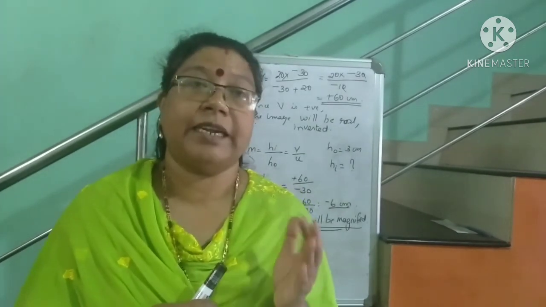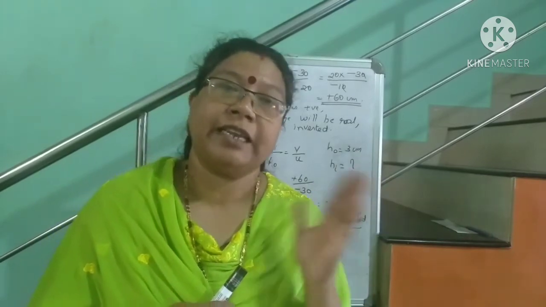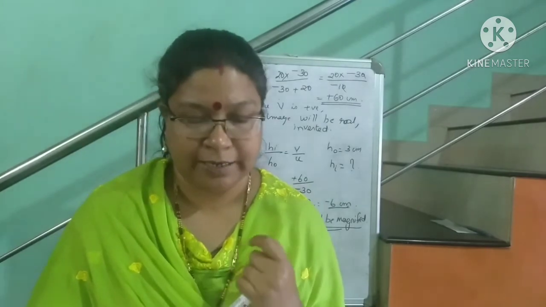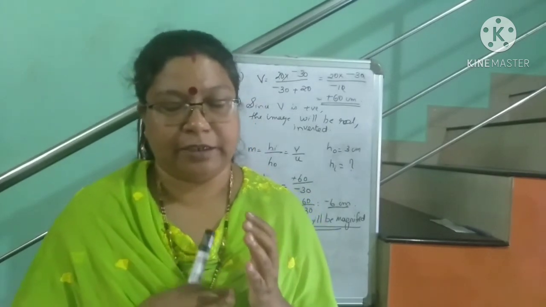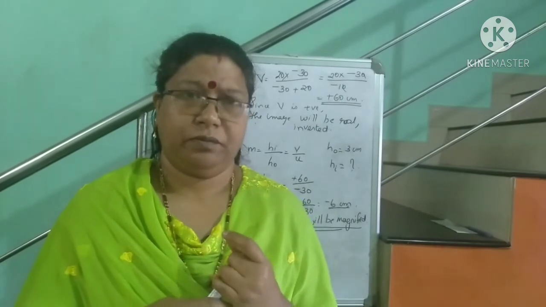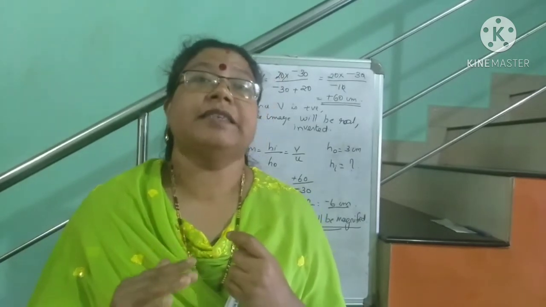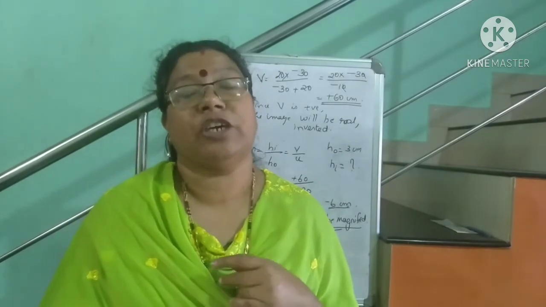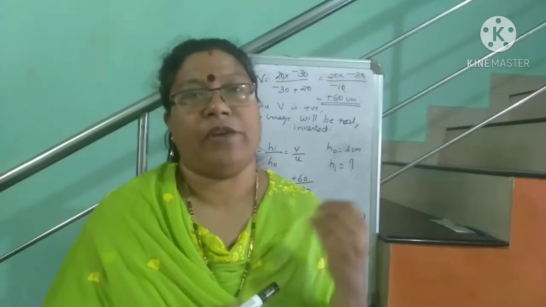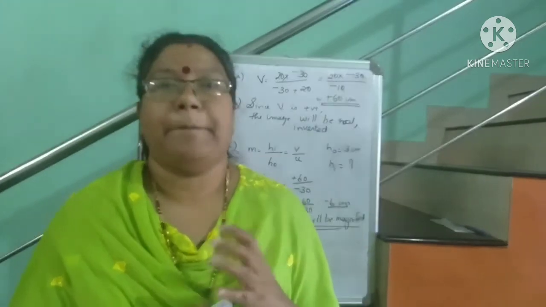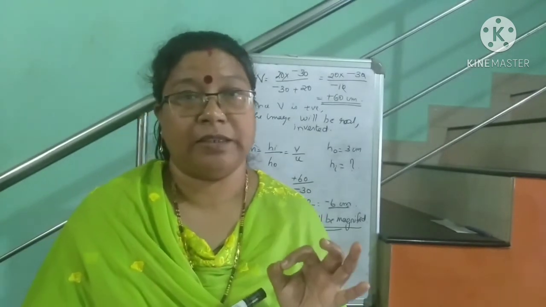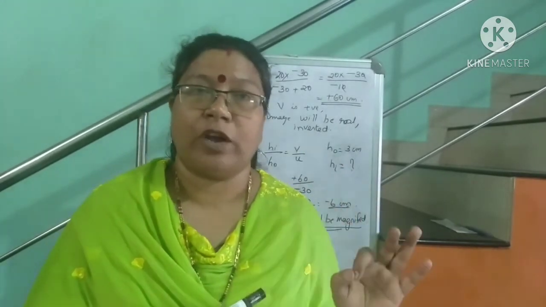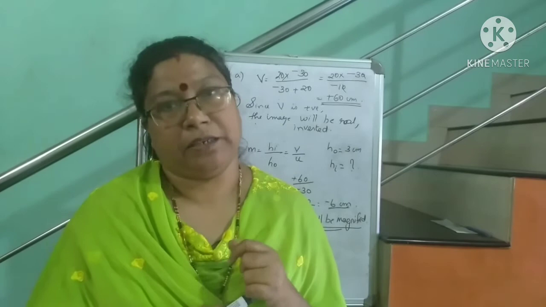Power of a lens is a term that is related to focal length. Power is the reciprocal of the focal length when the focal length is expressed in meters.